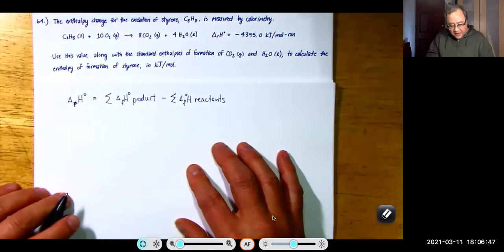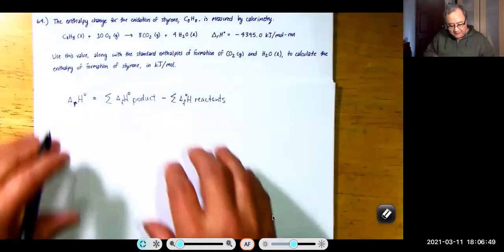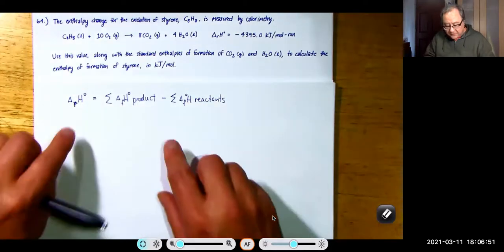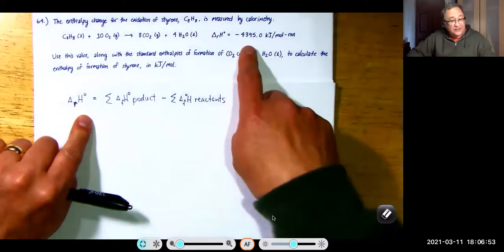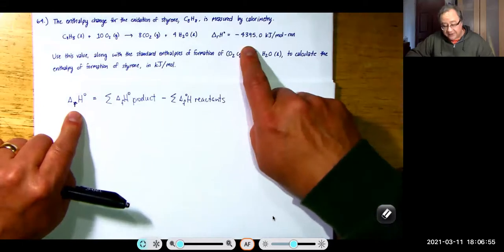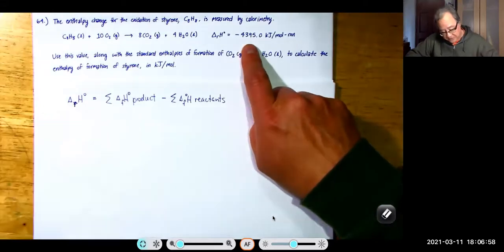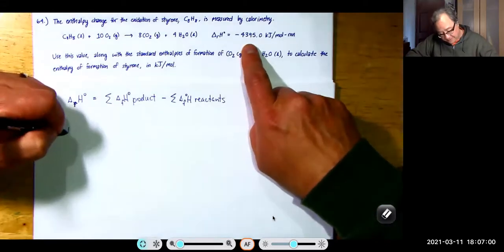So if we fill in what we have here, you can see that this standard enthalpy of reaction is this value here, but I don't want to plug numbers in quite yet. I'm not ready for that.